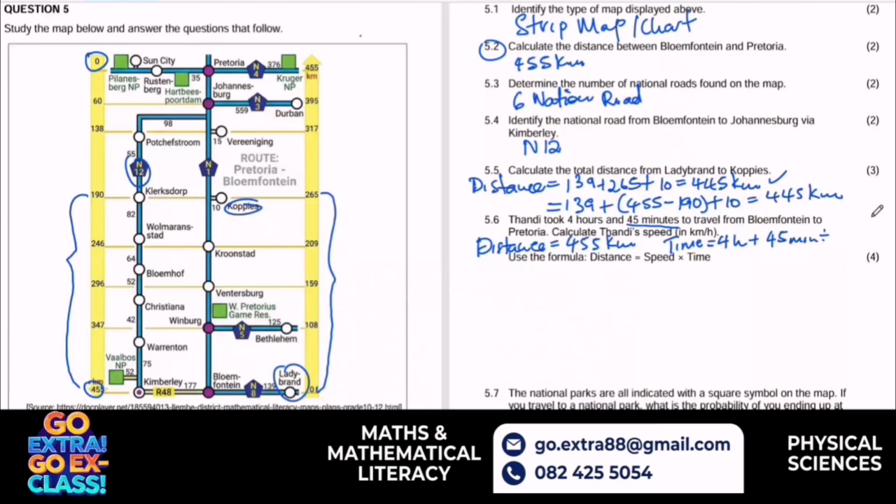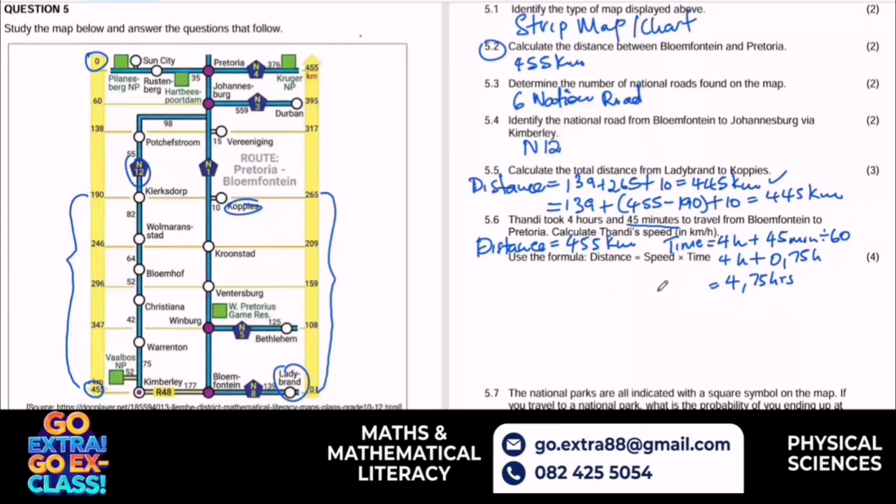Therefore, we need to divide by 60, which gives us 4.75 total hours. So that would be the traveling time with the car. So now we have kilometers, and we have the hours. We have got rid of the minutes.